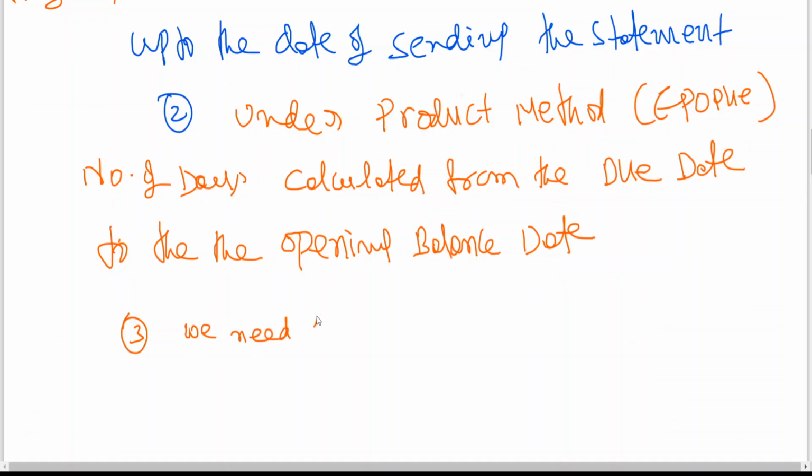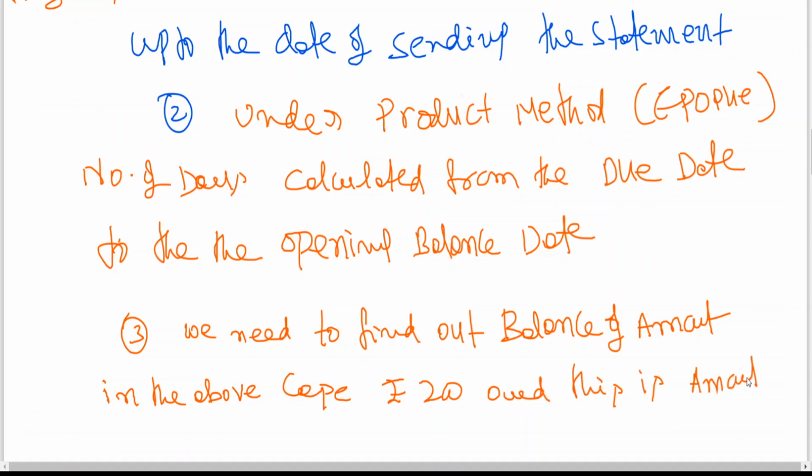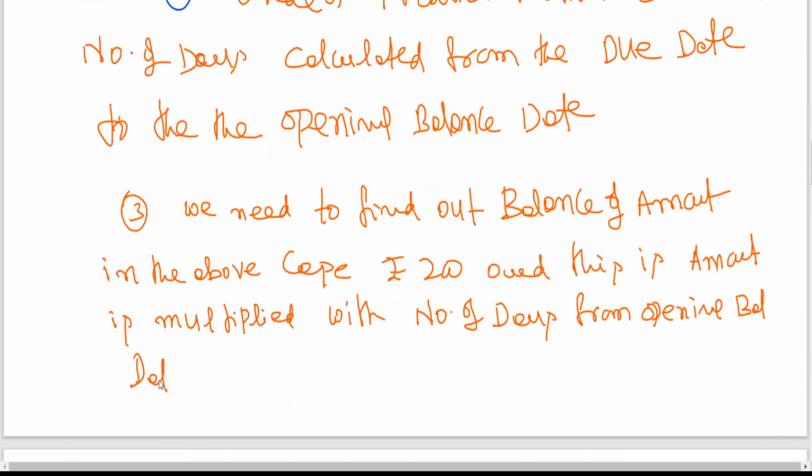We need to find out the balance of amount in the above case is 200, and this amount is multiplied with the number of days from opening balance date to closing balance date.